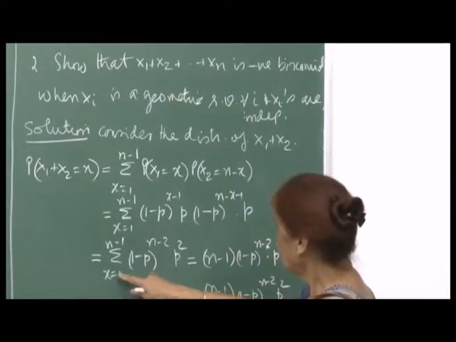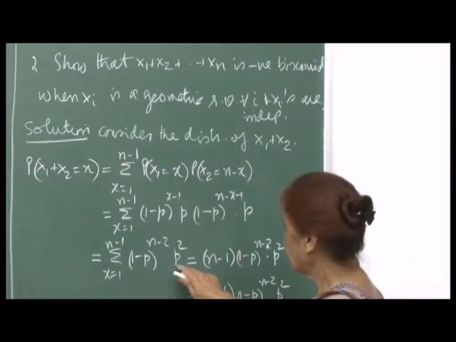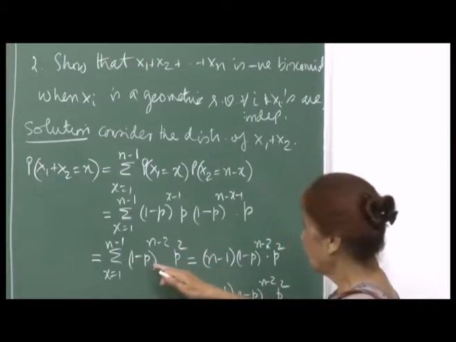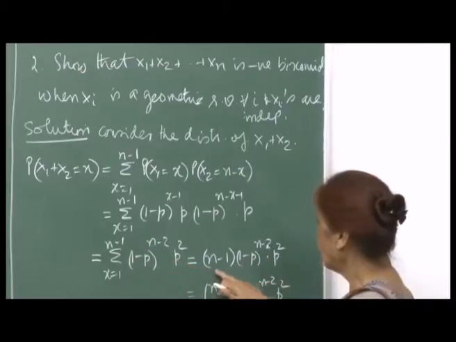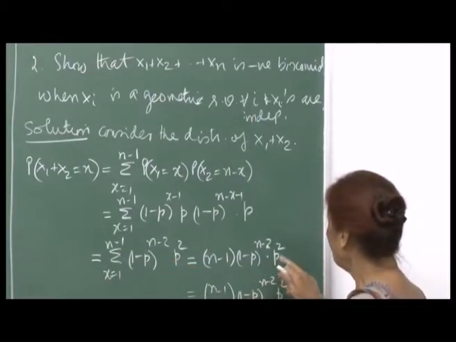So this is the sum for x from 1 to n minus 1 of (1 minus p) raised to n minus 2 into p squared. But x is not present here, therefore you just add up these terms n minus 1 times. So this is (n minus 1) into (1 minus p) raised to n minus 2 into p squared.